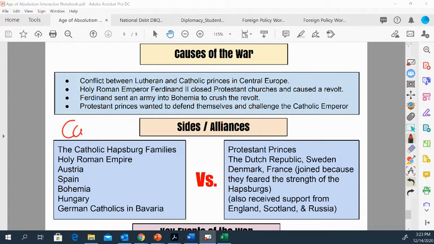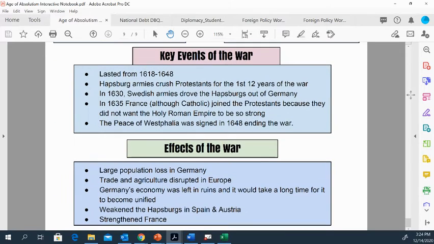It starts out local, regional and religious, and ends up political and spread out all over Europe. This is because the French end up joining, and they don't want the Holy Roman Empire to be so strong. The Peace of Westphalia ends up sealing it, even though that's a very unstable treaty.